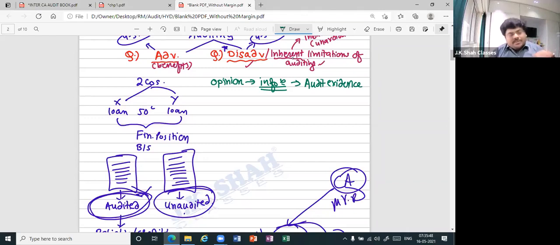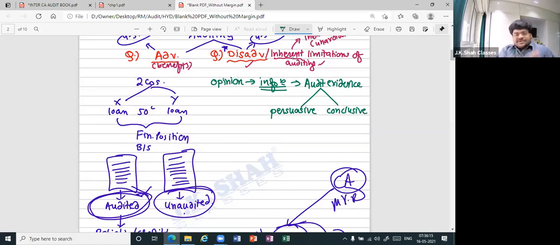Okay. Obviously not entirely the language of law, but some language has to be different. So we don't write information. Instead of information, what do we write? Audit evidence. Now hear carefully. This audit evidence that we are talking about is basically of two types. One, persuasive. Second, conclusive. Repeating.